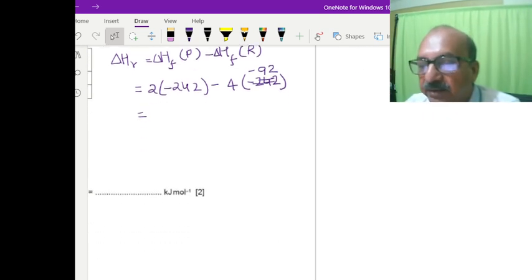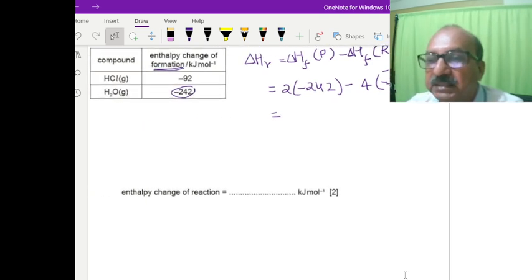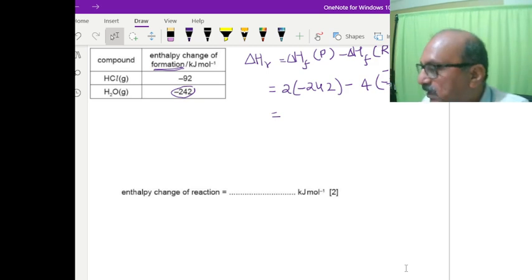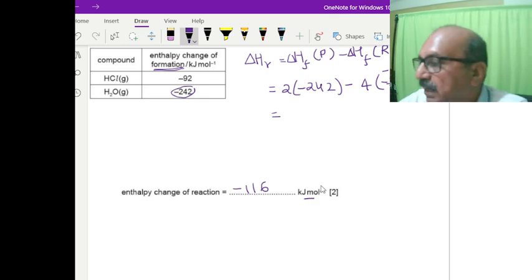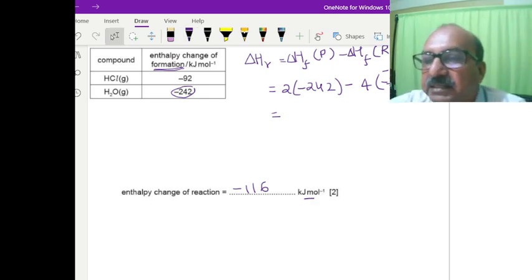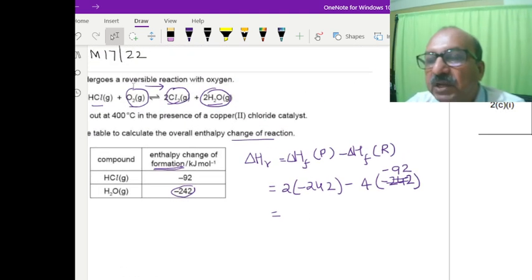So this answer here is minus 116 kilojoules per mole. The unit has already been given, so minus 116 kilojoule per mole is the answer, and that is the enthalpy change of reaction for this particular reaction.